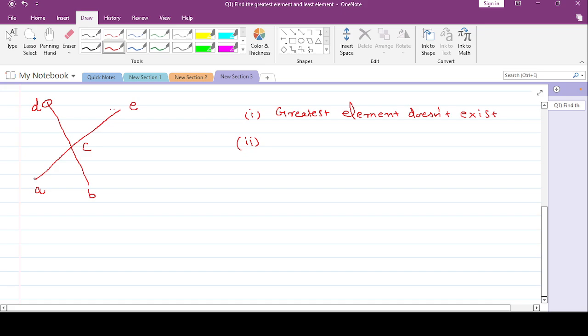But you check that A has no relation with B. Okay, whereas A has relation with C, E and D, but A has no relation with B, because there is no line joining with B. And similarly B has no relation with A. So least element does not exist in this case.